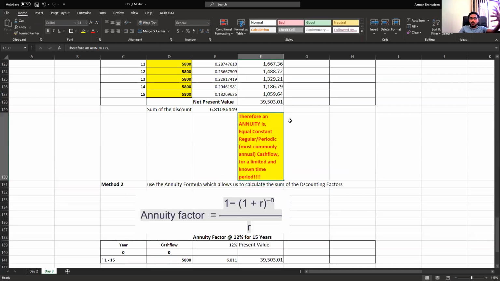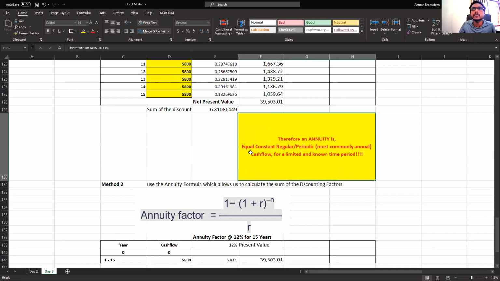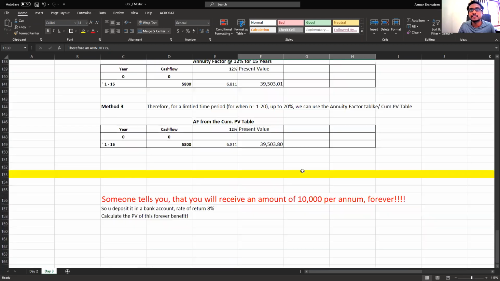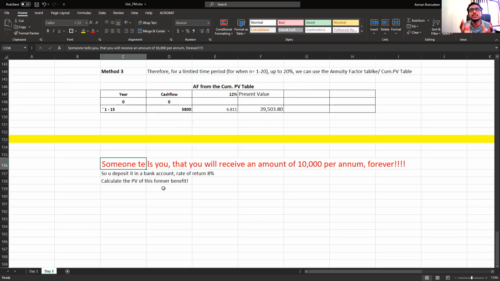You know for how long the annuity is received. But in some situations, you don't know how many years you will get this. So that's why forever would be a very tricky word to use.